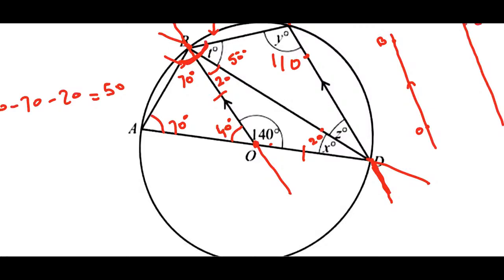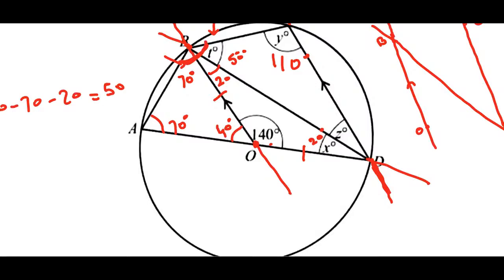This point is C, and this one is D. And then I have a line, we call this a transversal line. Think about it as a straight line. Okay. And these are the two parallel lines, right?